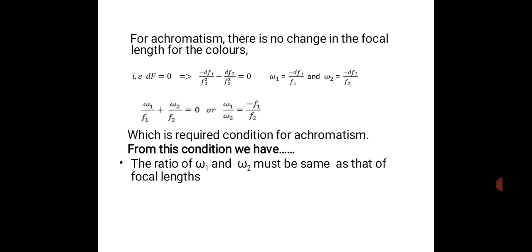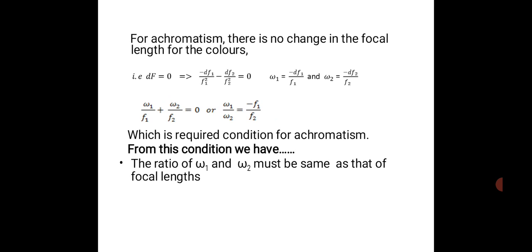Replacing omega 1 and omega 2 from the equations minus df1 by f1 and minus df2 by f2, the above equation becomes omega 1 by f1 plus omega 2 by f2 equal to 0, or omega 1 by omega 2 equal to minus f1 by f2, which is the required condition for achromatism.